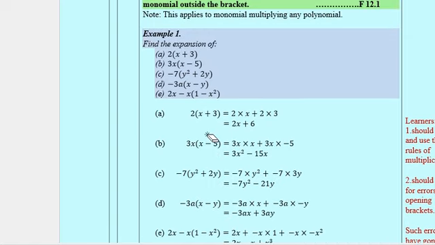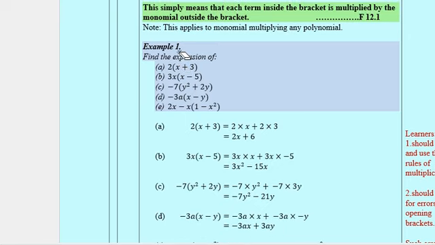Here we are proceeding to multipliers of polynomials. It simply means each term inside the brackets is multiplied by the monomial outside the bracket. In other words, the outside term affects all the terms inside.